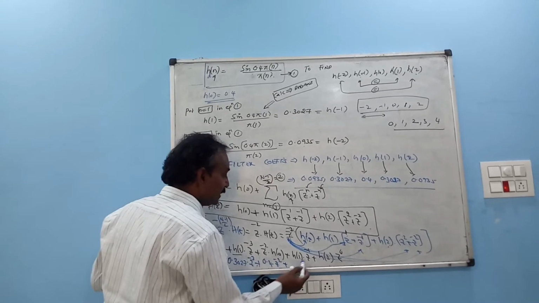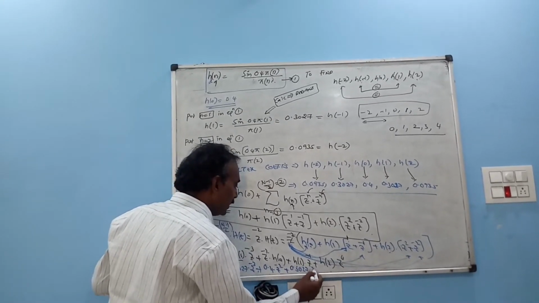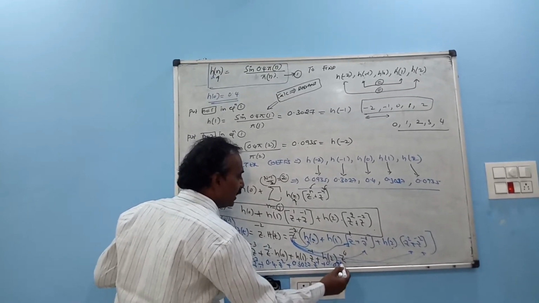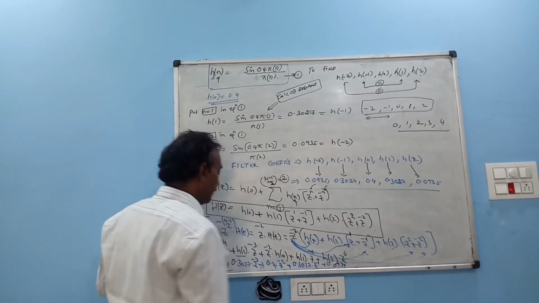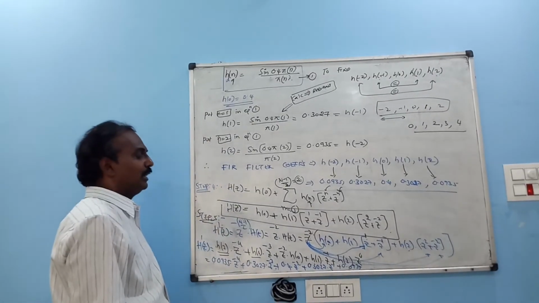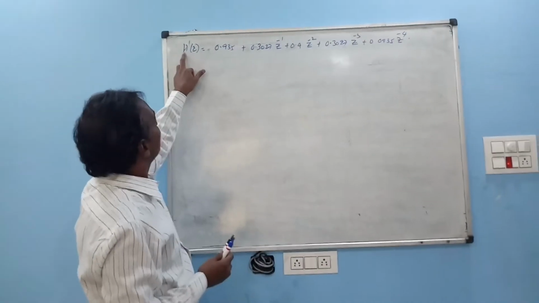Now this is h of 1, already we got the same, 0.3027 into z power minus 1, and the last one is 0.0935, right? So basically when I am taking negative powers of z, it is a causal system.